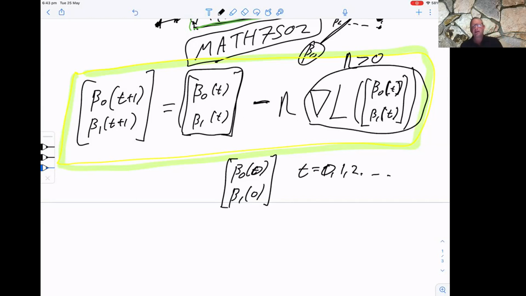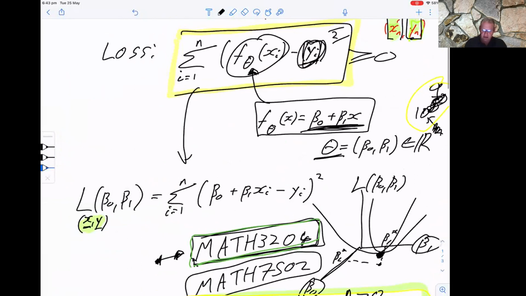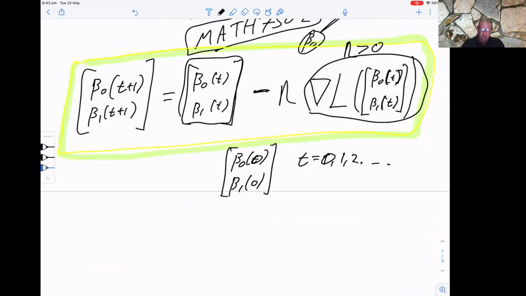So you go in the direction exactly opposed to the direction of steepest ascent. So then you descend. This loss function is designed to be minimized. If you were maximizing for some reason, you'd put here a plus. So you do that, and you evaluate every time the gradient at your previous point.